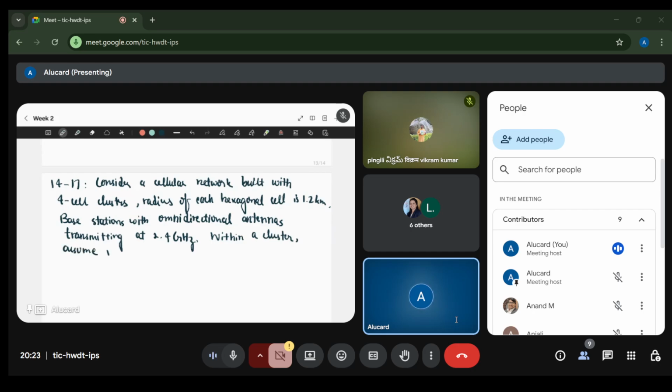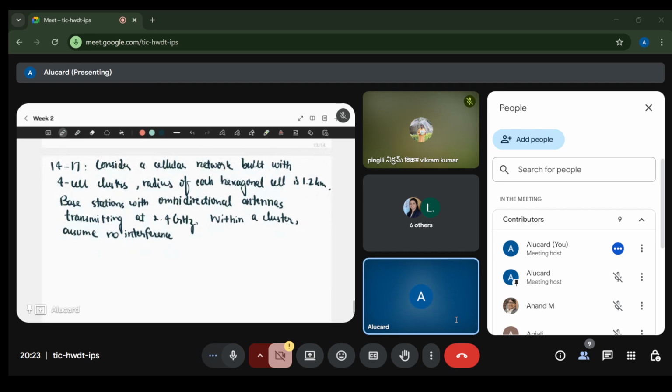Assume no interference. So adjacent cell interference is not there, only co-channel interference.